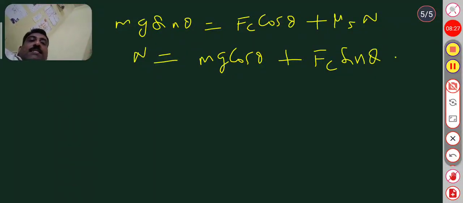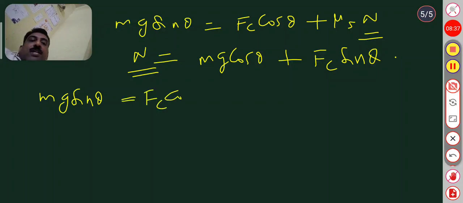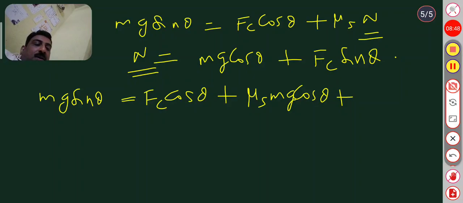If you substitute for N here, you will get mg sine theta is equal to Fc cos theta plus mu s into mg cos theta plus mu s into Fc sine theta.